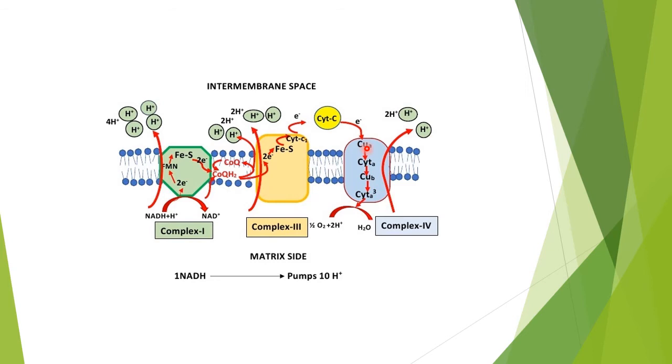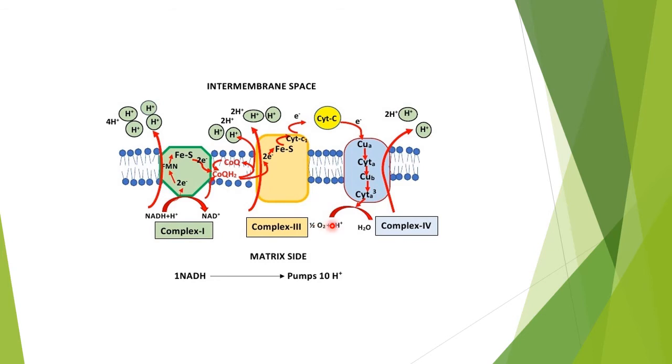They are arranged in such a way that there is a movement of electrons, as I have already mentioned, one by one, and reduction of copper to its reduced form, and then also there will be the production of water, because those electrons will be accepted by the molecular oxygen, which is the ultimate electron acceptor.